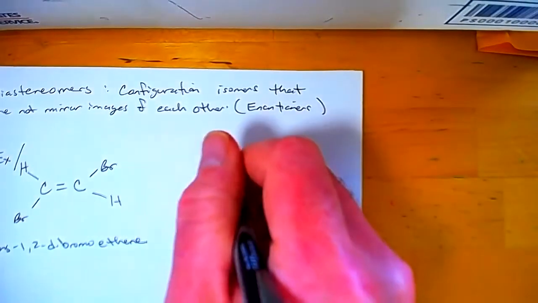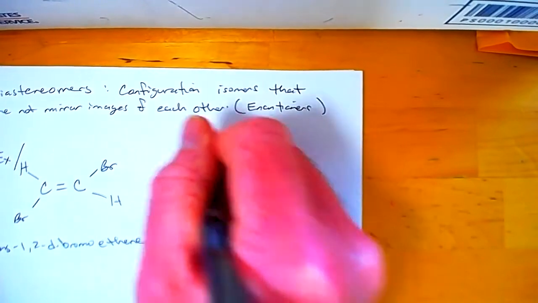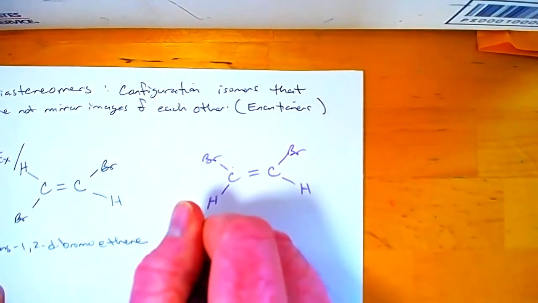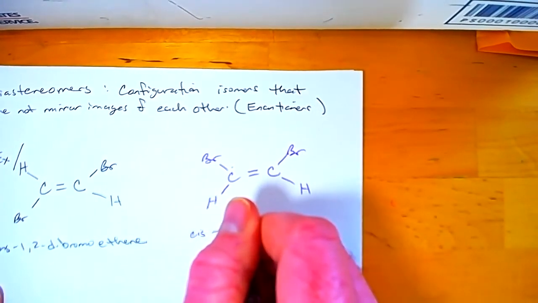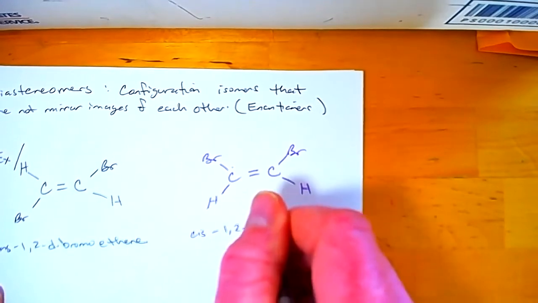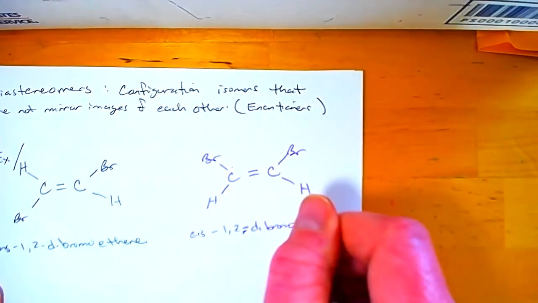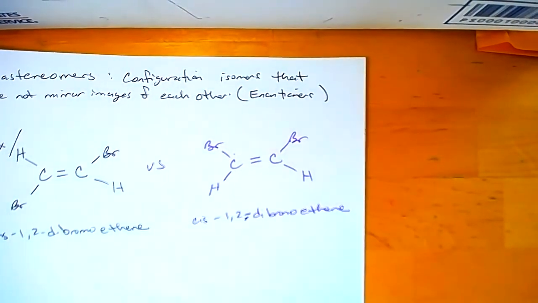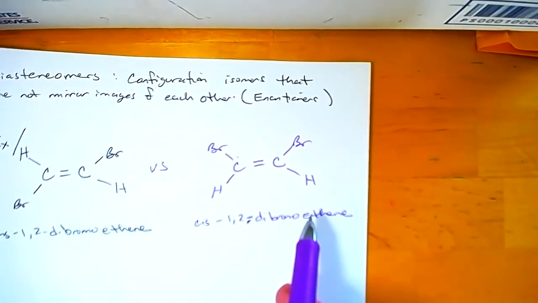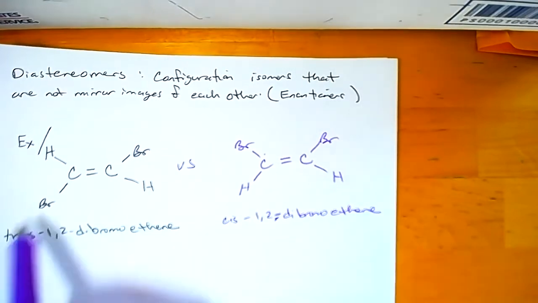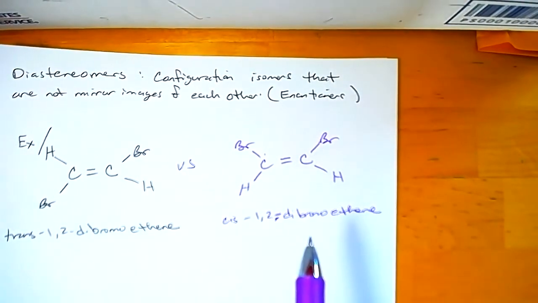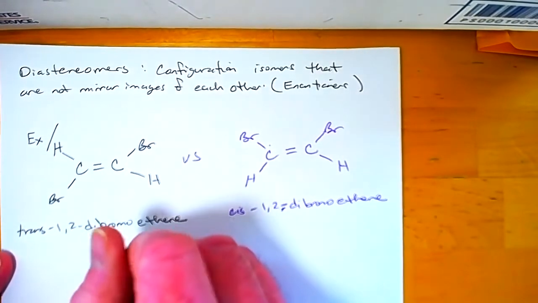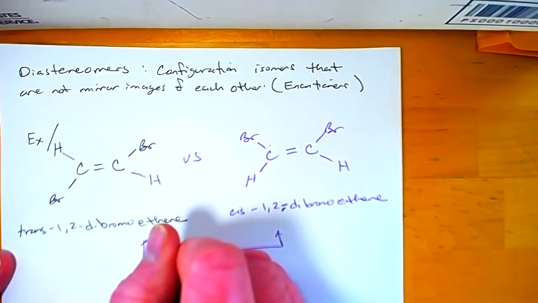And we looked at this compound, which is cis-1,2-dibromoethene. Well, those are not mirror images of each other, but they are configurational isomers, meaning they're put together the same way. They've got one bromine on each side and they have a carbon-carbon double bond. So these are compounds that we would classify as diastereomers.